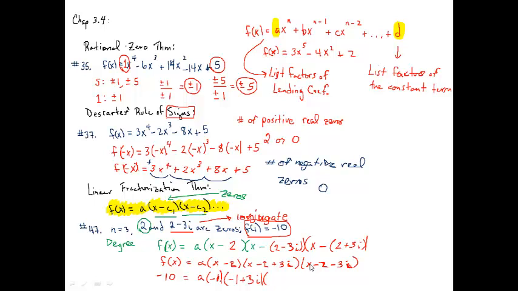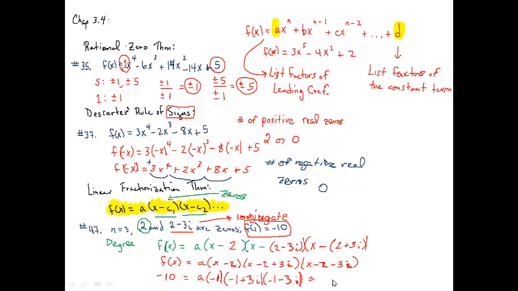And again, 1 minus 2 is negative 1 minus 3i. And basically it becomes a game of solving for a. So negative 1 plus 3i times negative 1 minus 3i is going to come out to be, I believe, positive 10.